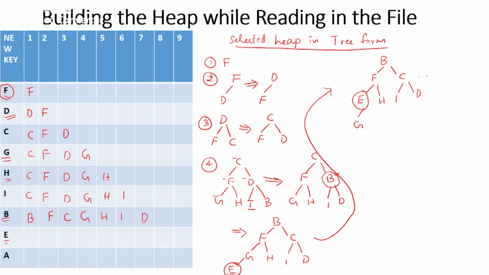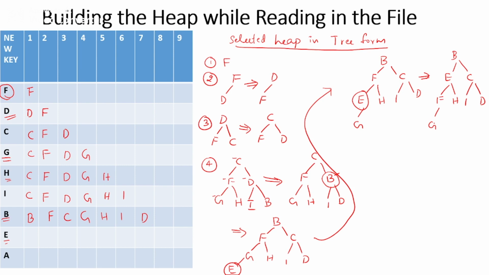So your tree structure will be B, here you will get E, then C, here you will get F, and here H, G, then here you will get I and D. Now how can we read it? B, E, C, F, H, I, D, G.